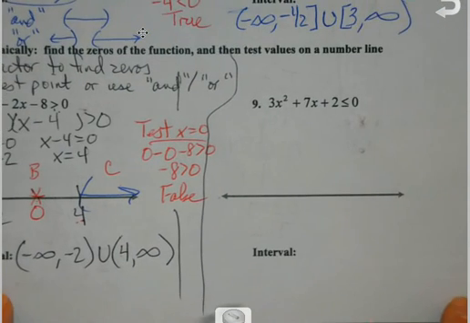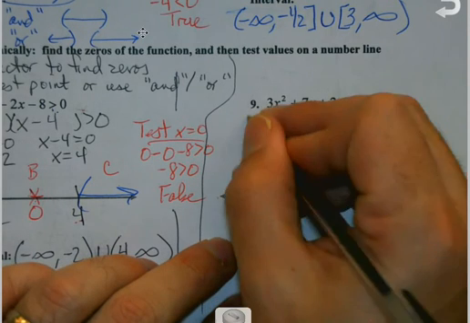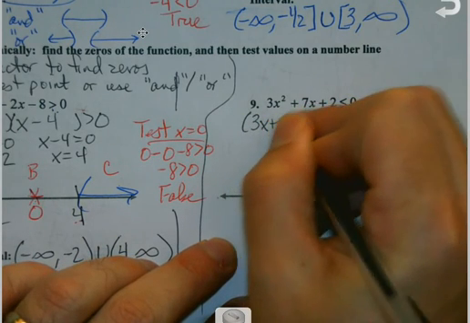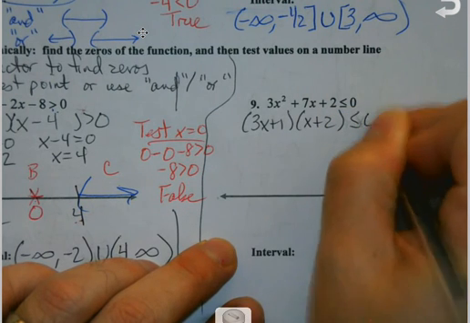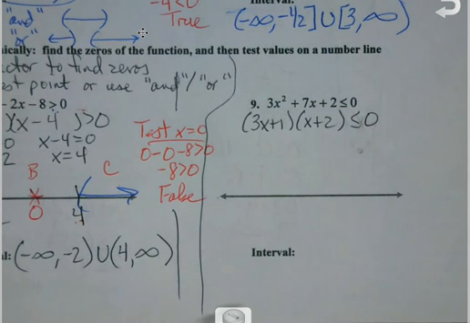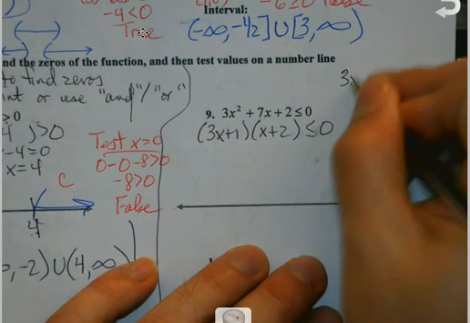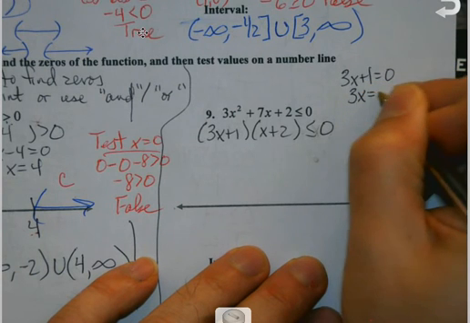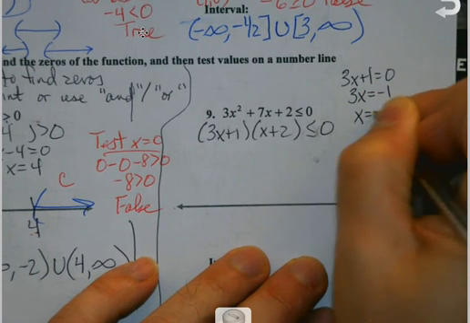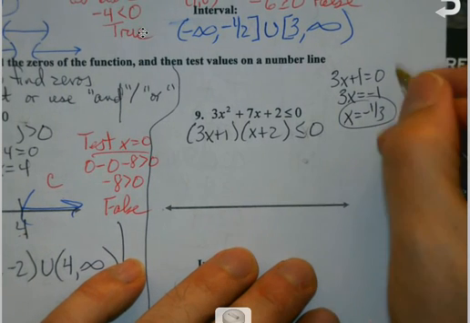So last one I'm going to give you a Cliff Notes version of, okay? When I factor this, I'm going to go ahead and factor it for you instead of running through the whole slide and divide, because I want to make sure we get down to the big part of this. So I get to here, I get it factored. I set each of these equal to 0 and solve them to get both of my intercepts.